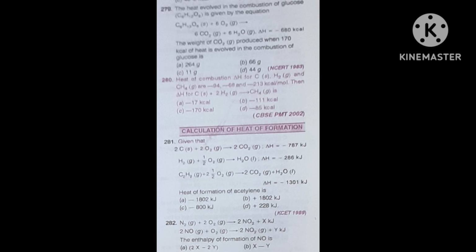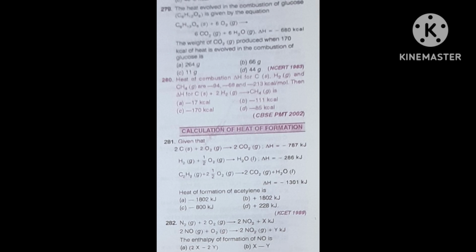First equation you have to add. First plus second equation you have to add, but second equation you have to multiply by 2. Why? Because you want 2H2. C plus 2H2 you are getting CH4. Hence second equation you multiply by 2.